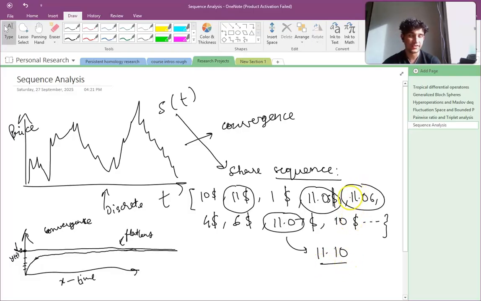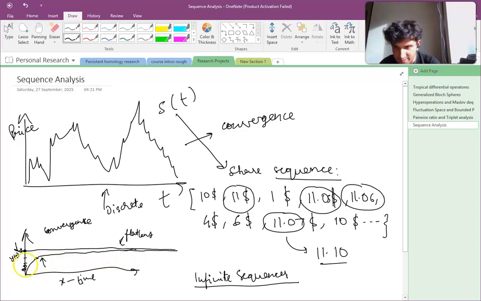However, this is a finite sequence, and we're interested in infinite sequences, because convergence is only defined for infinite sequences. In some sense, this is also an infinite sequence if I start plotting these points, these points, and these points.